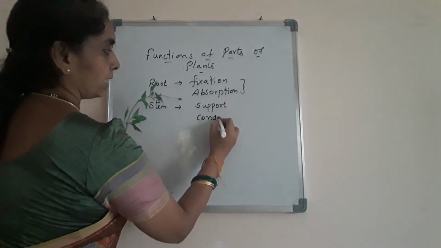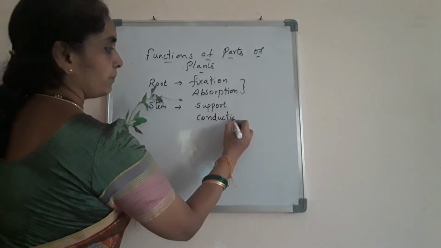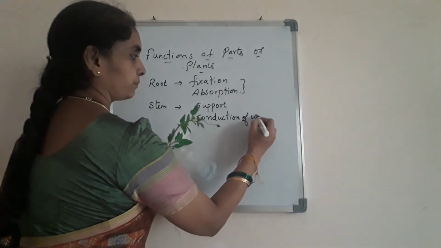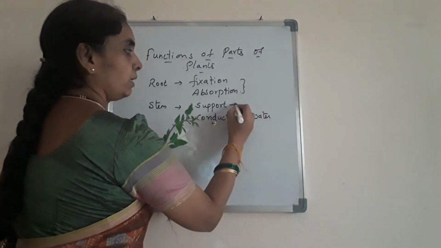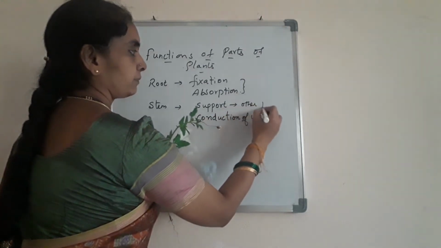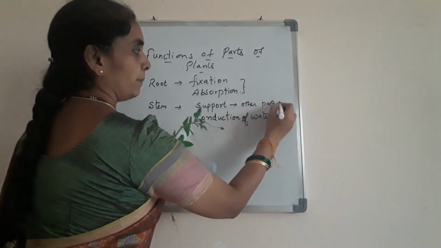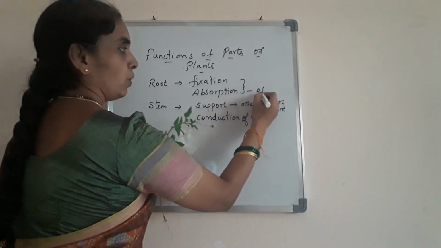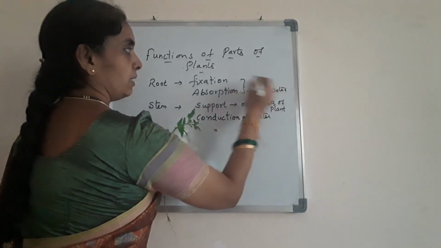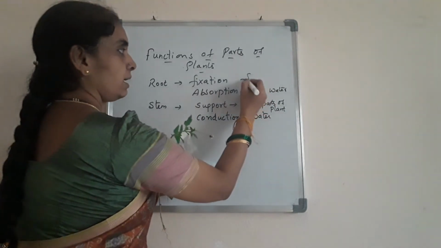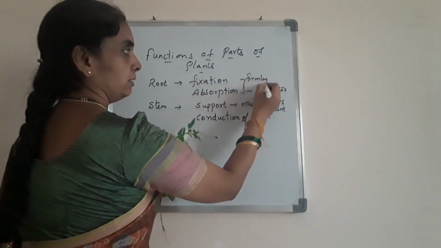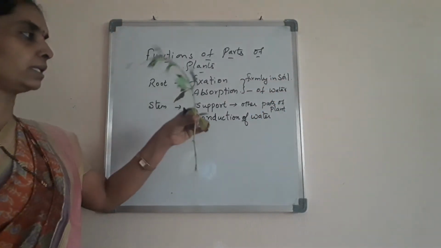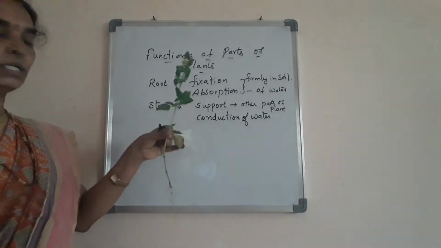Support and conduction, so these are the functions of the stem. Conduction of water. Support other parts of the plant. Absorption of water. Fixation of the plant firmly in the soil. Do you understand? So these are the different functions of the root and stem.